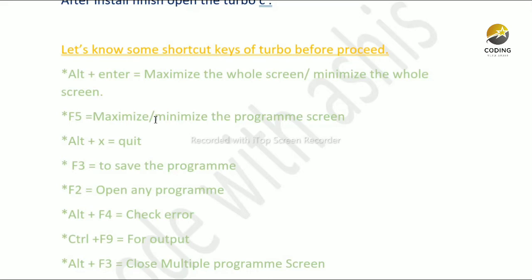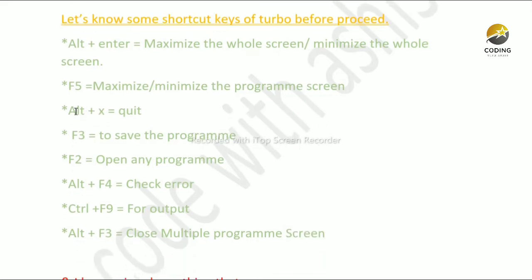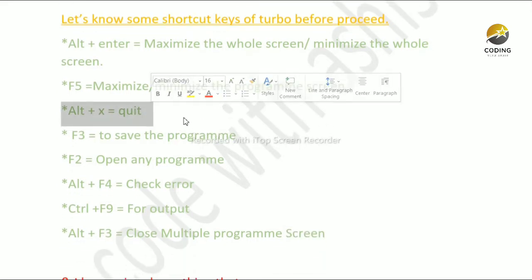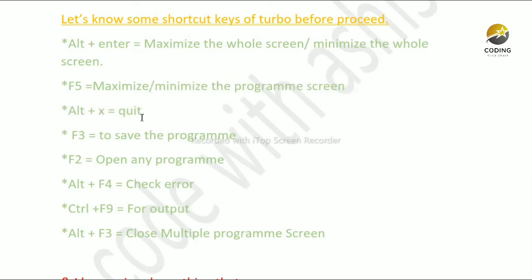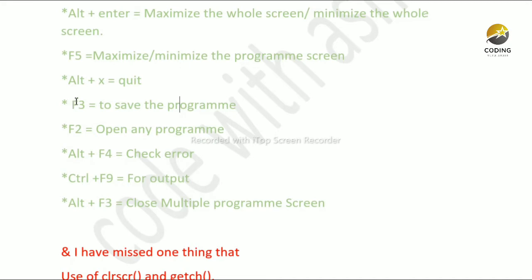If you press Alt X, you can quit the whole program. If you press F3, you can save the program. And if you press F2, you can open any saved program.